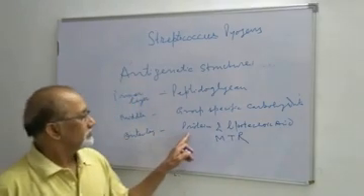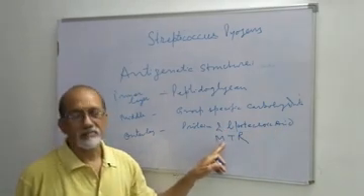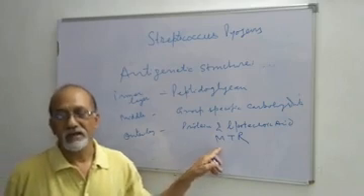The outer layer consists of protein and lipoteichoic acid, and there are some antigens that are known as MTR.